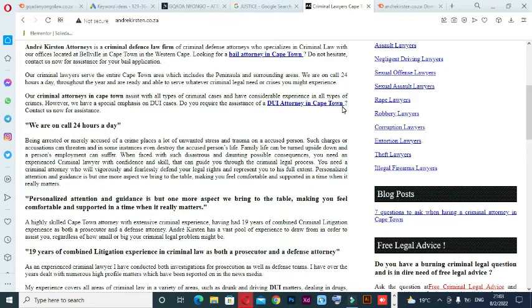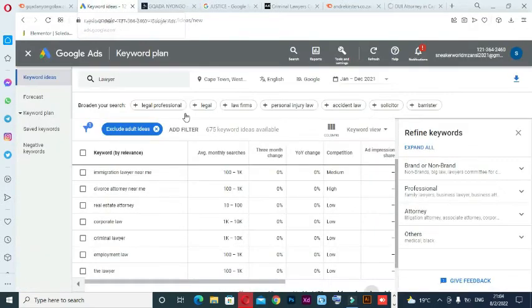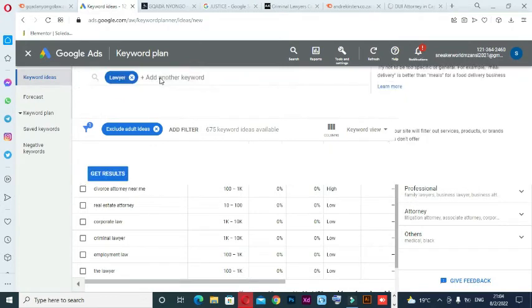They are writing content, blog posts, as I have shown, which are keyword focused, like DUI attorneys in Cape Town. It's a keyword on its own. If we would search for DUI attorneys in Cape Town, you might even find their website on top. Why?